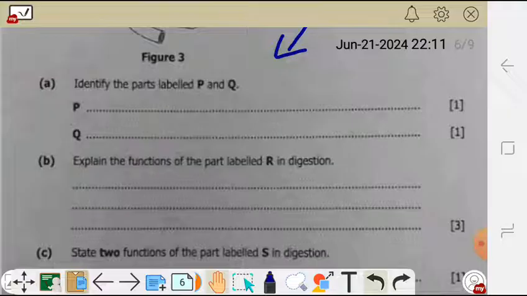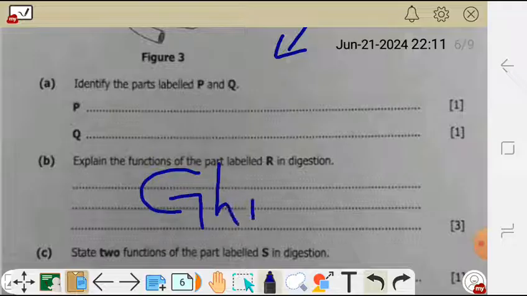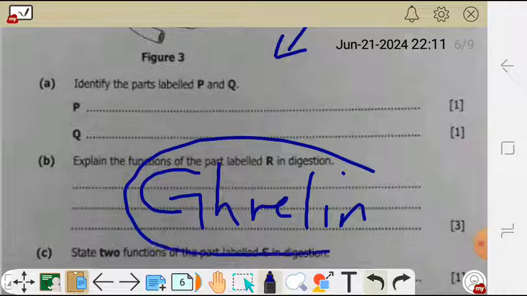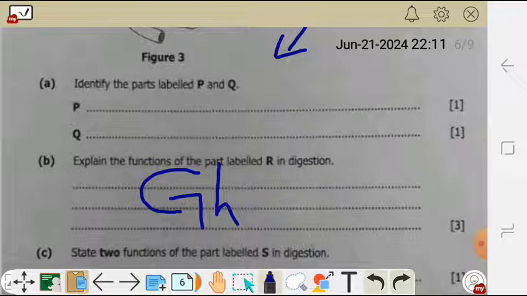Apart from that, the pancreas also secretes what we call ghrelin. So ghrelin here, it's also a hormone. So if you have forgotten the name, we can say the pancreas secretes the hormone which regulates the emptying of the stomach.